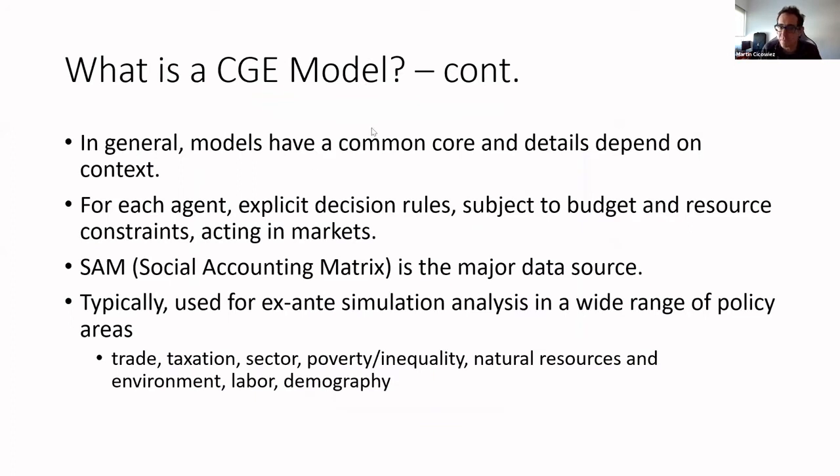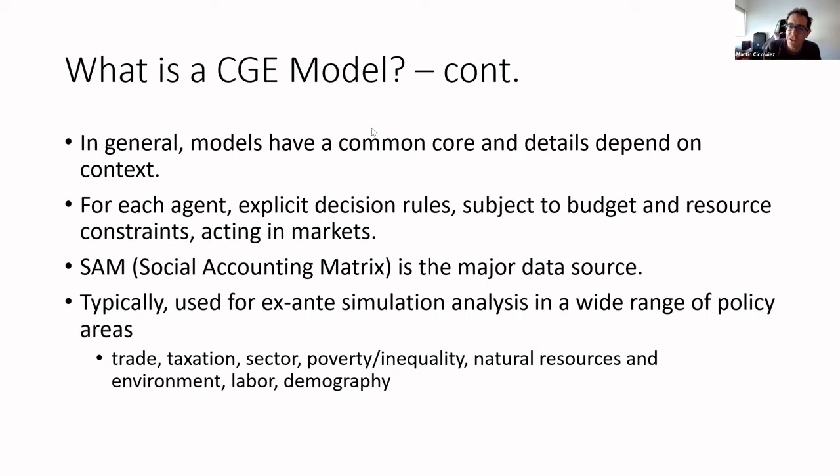So generally speaking, all models have a common core, and that is what I just showed. Any CGE model will have a common core, and that is what we saw in the figure. For producers and consumers, we have explicit decision rules, and we have the budget constraints, and they act in markets.